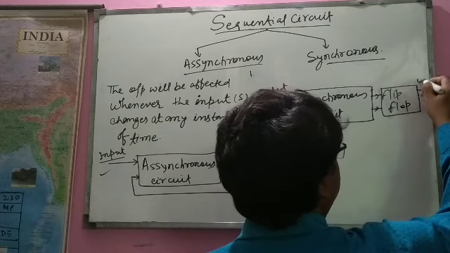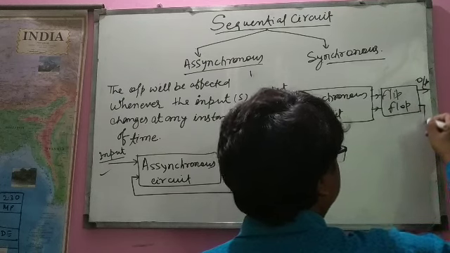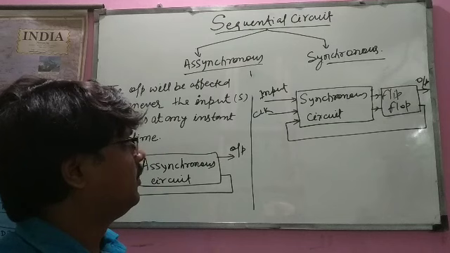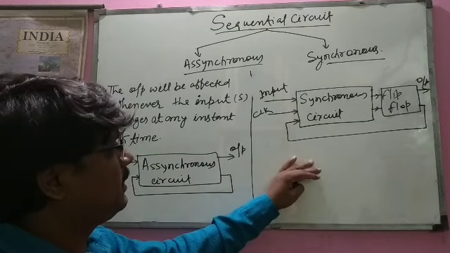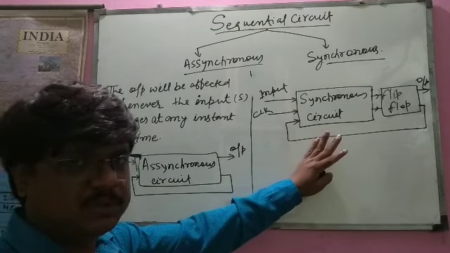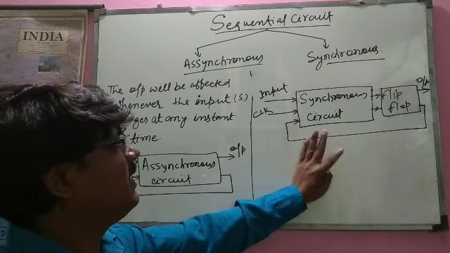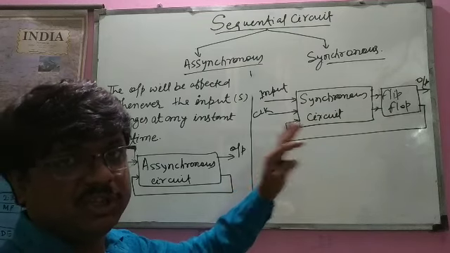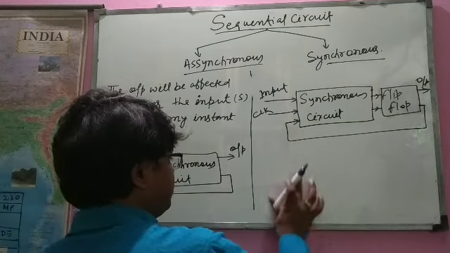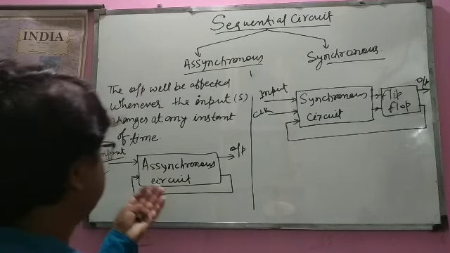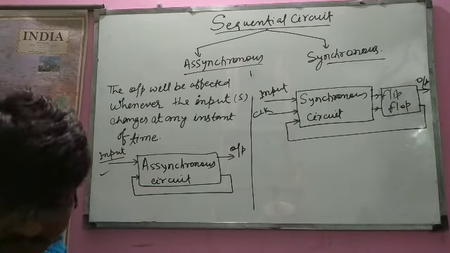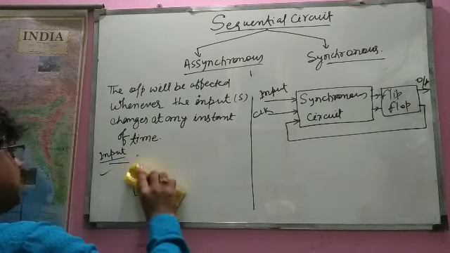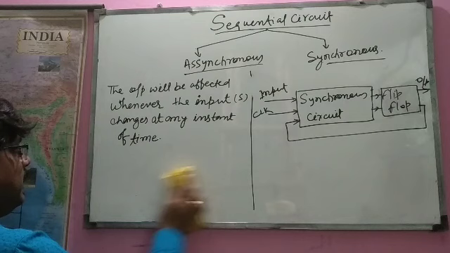The output will come here to affect the output. But see, this output will change only when the clock allows it to change. So this is the asynchronous circuit and this is the synchronous circuit. We'll make some waveforms on both sides, then this will be very clear.